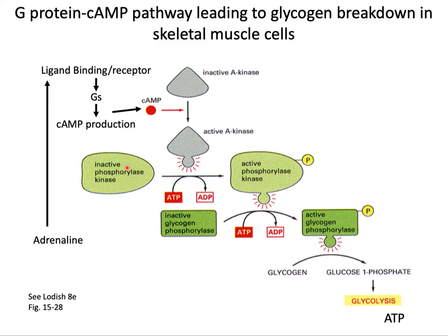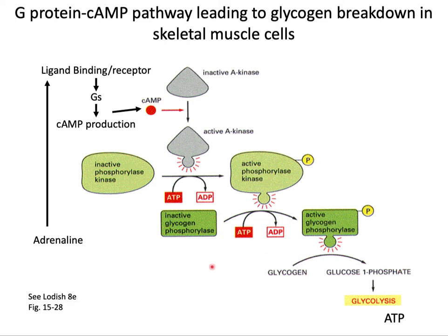And when phosphorylase kinase is phosphorylated, it becomes activated. The phosphorylase kinase then in turn phosphorylates glycogen phosphorylase. Glycogen phosphorylase, when it's active, when it's in the phosphorylated form, can convert glycogen to glucose 1-phosphate.